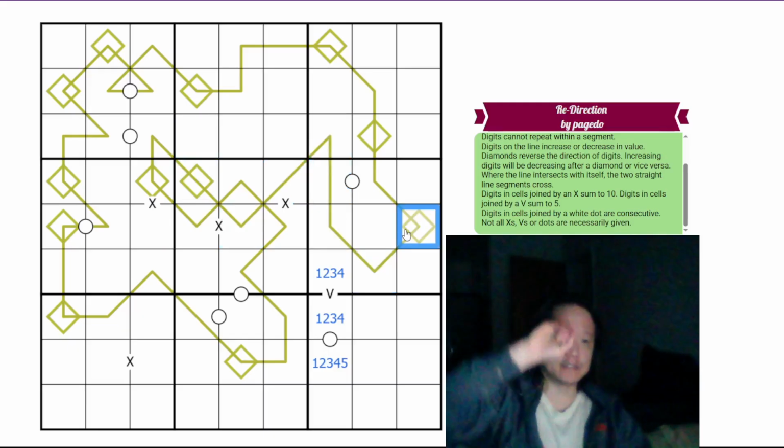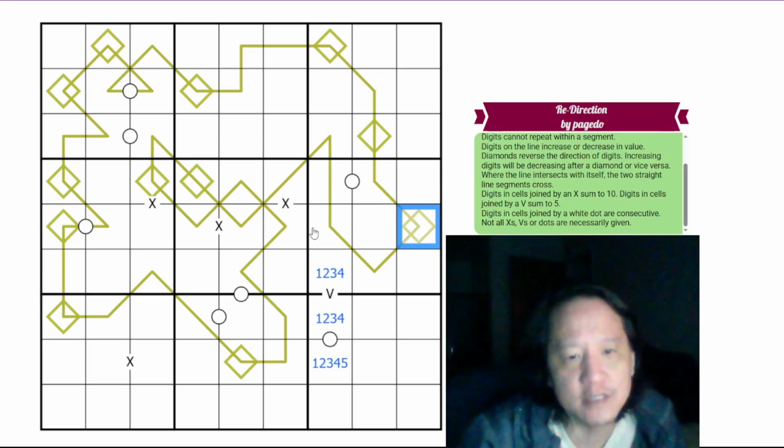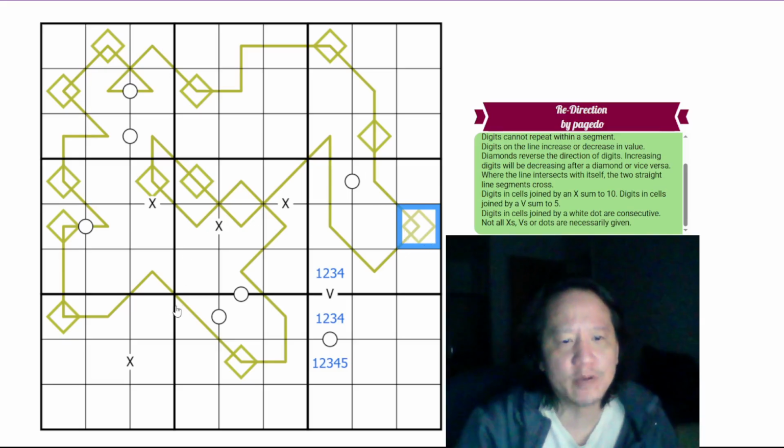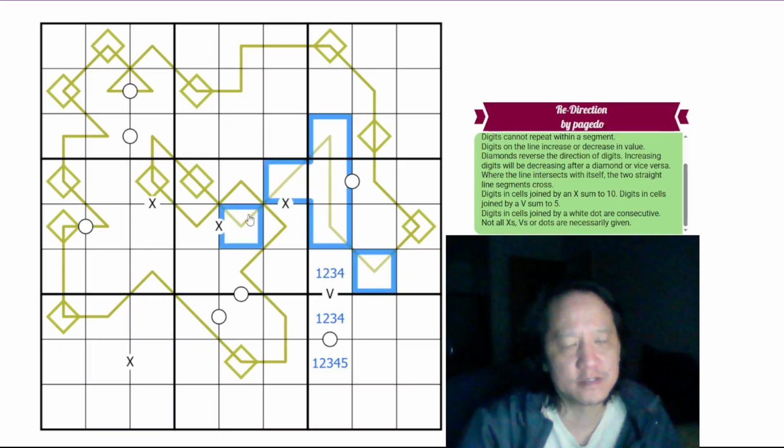So it must be constantly increasing or constantly decreasing from those. So I guess the long paths of this are the interesting aspects. This is also 1, 2, 3, 4, 5, 6, and we have 1, 2, 3, 4, 5, 6 there.